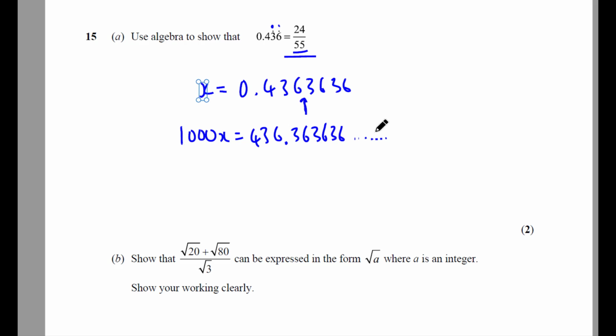Now we need to multiply x by another value, and we want the 3 and 6 recurring, so we just multiply it by 10 here. So you get 10x equals 4.363636.